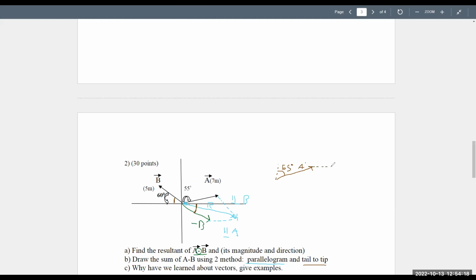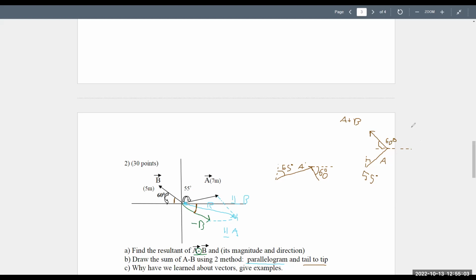If you were to draw a horizontal line, then B would be coming down 60 degrees here. Alternatively, if you had A plus B, I know my lines aren't straight or anything, but have A at 55 degrees, not 58, 55. And then you would have your straight line here, and you'd be coming this way at 60 degrees.